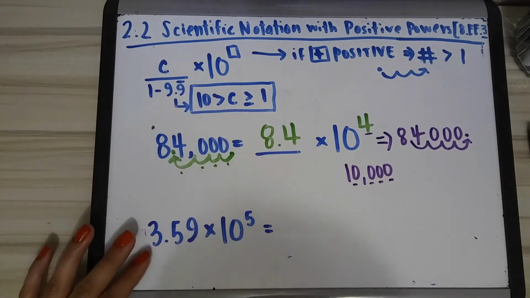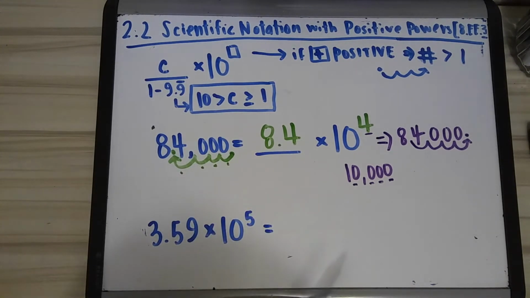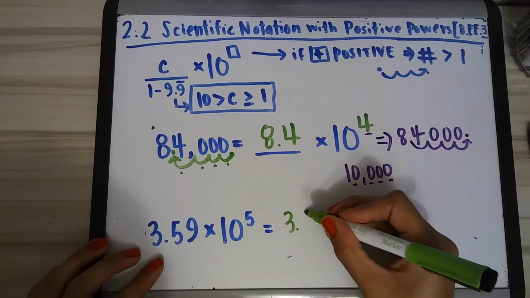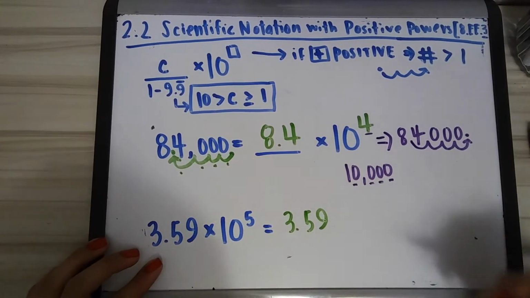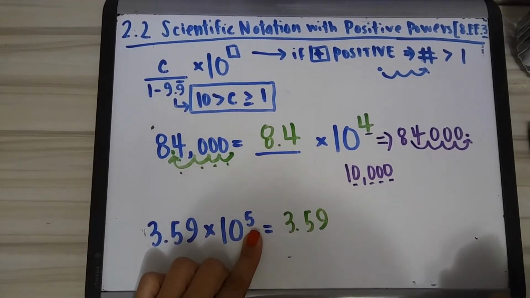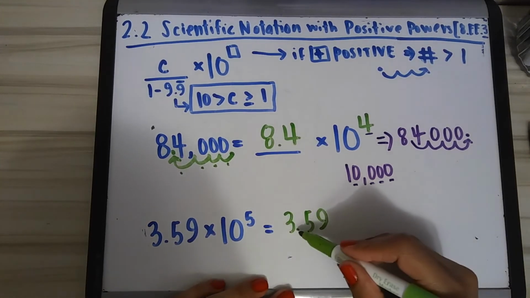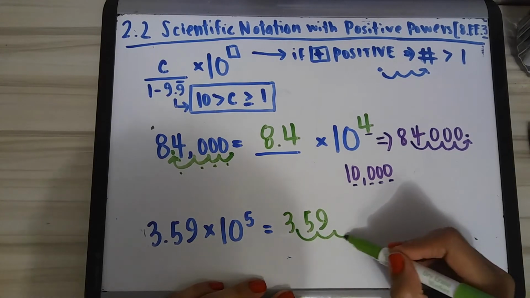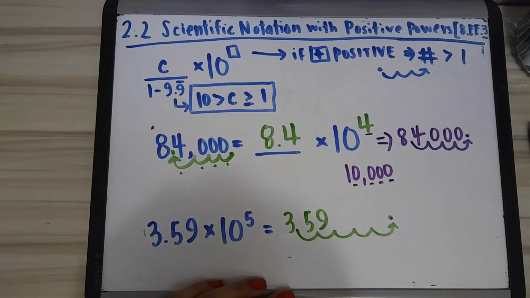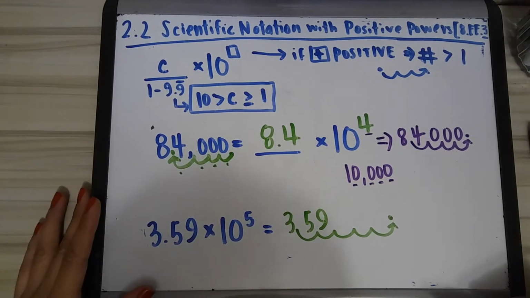Okay, so let's take a look at this one right here. I'm going to rewrite that. So then I have 3.59, and I'm going to move my decimal place 5 times to the right because I'm multiplying by 100,000. That means the number is going to be larger, right? So I'm going to move it 5 times to the right: 1, 2, 3, 4, 5. This is the new location for my decimal point, and I'm going to use zeros as placeholders.